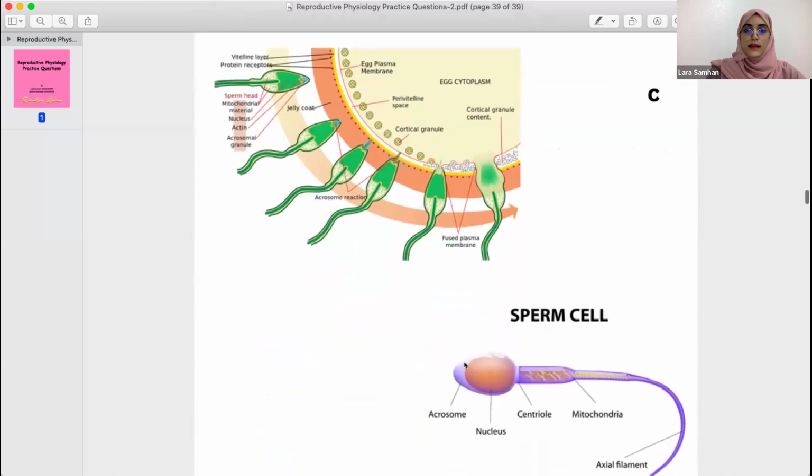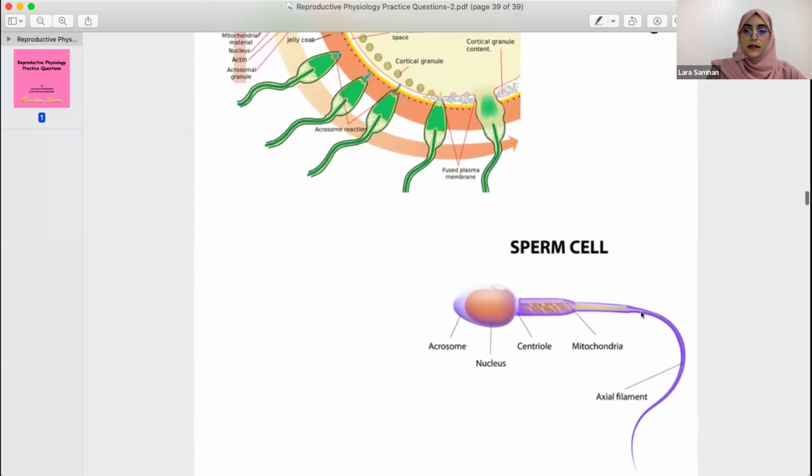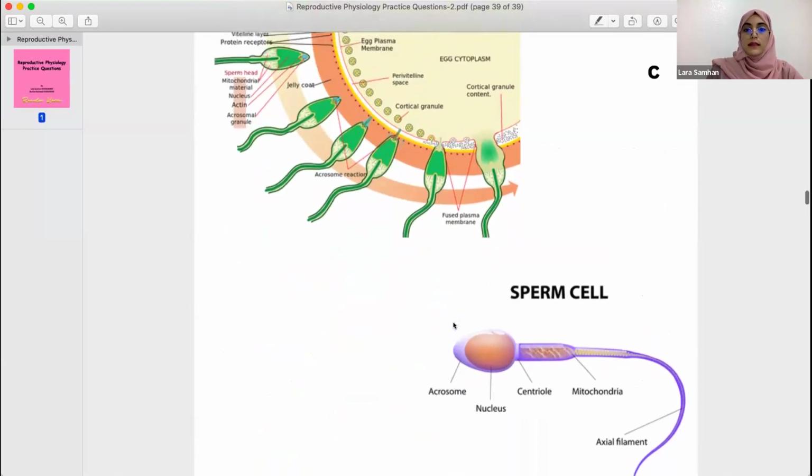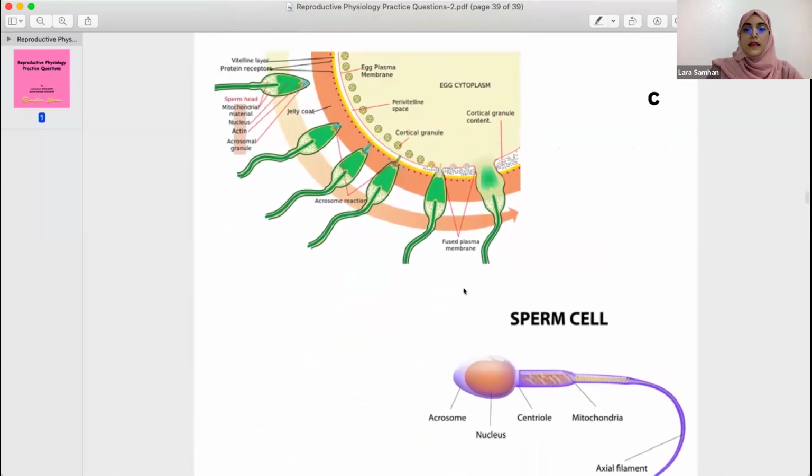As we can see here in this picture, this is the sperm. Here is the tail or the filament. We have here the mitochondria, the centriole. Let's focus on the head. This head has the genetic material inside the nucleus, and on top of it, it has a cap, which is called the acrosome. This acrosome contains an enzyme that helps in hydrolyzing the zona pellucida layer.